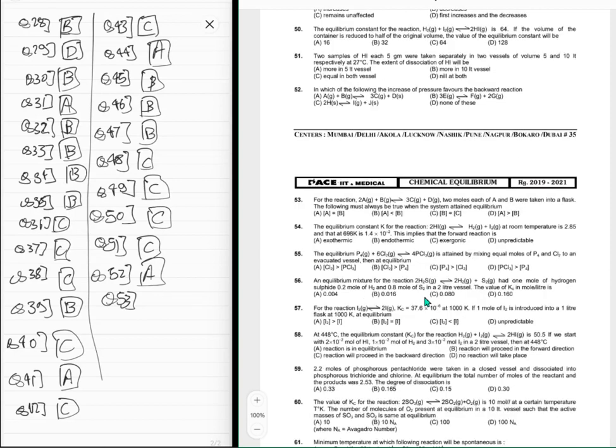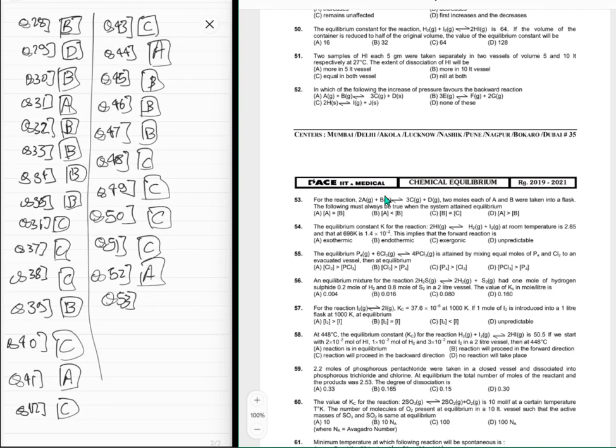For this reaction, 2 moles each of A and B were taken in a flask. The following must always be true when the system attains equilibrium. Of course, the concentration of A will be smaller than the concentration of B, because from A you remove 2x and from B you just remove 1x.